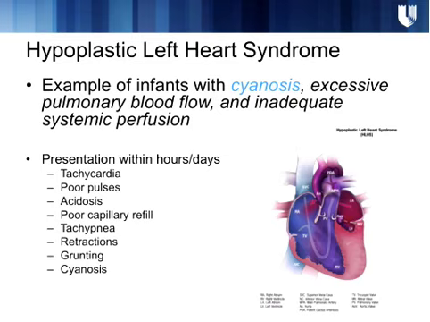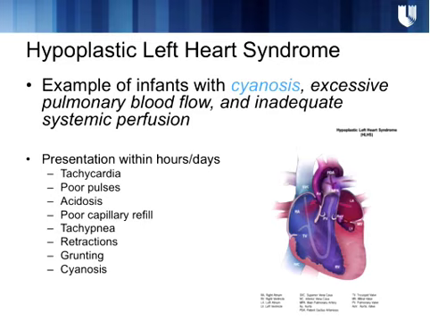They'll present with cyanosis, excessive pulmonary blood flow, and inadequate systemic perfusion. These babies usually present within hours to days with tachycardia, poor pulses, acidosis, poor capillary refill, tachypnea, retractions, grunting, and cyanosis.